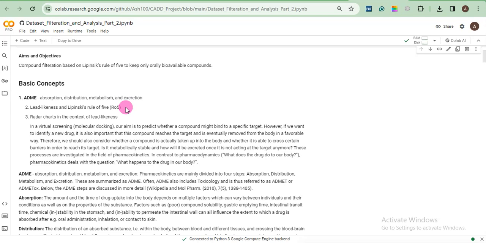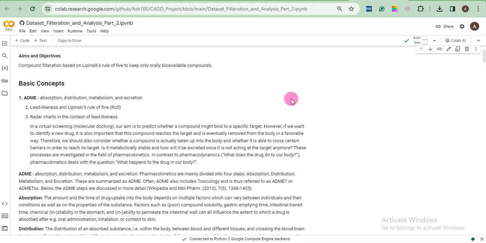Most of them answer me, sir, 5 rules. No, this is wrong. The Lipinski rules contain 4 rules. But why is it called the rule of 5? Because all the values present in the Lipinski rules are multiples of 5. So that's why we call it the rule of 5. It doesn't mean there are 5 rules.